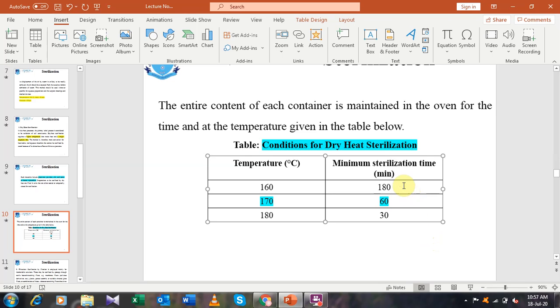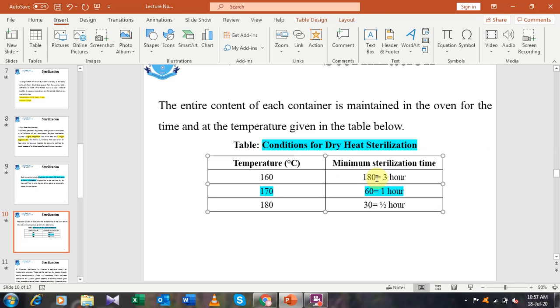You can mention it this way: if we put the value rather than 160, 180 minutes, 3 hours, and for this one I'm going to put an hour. For this I'm going to put half an hour.